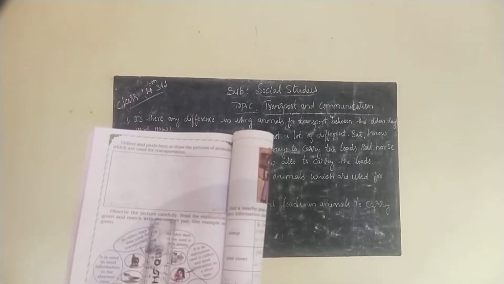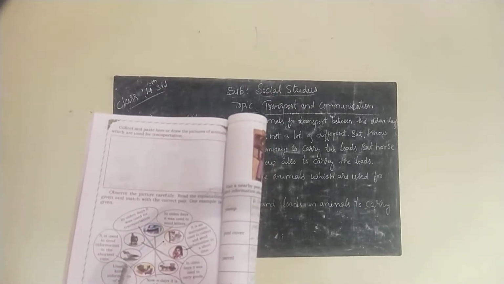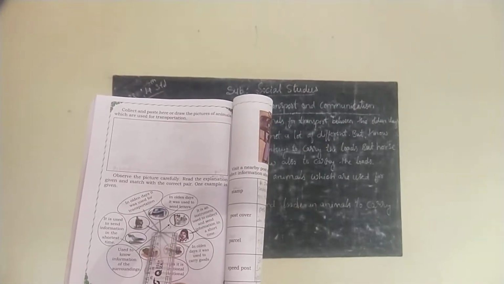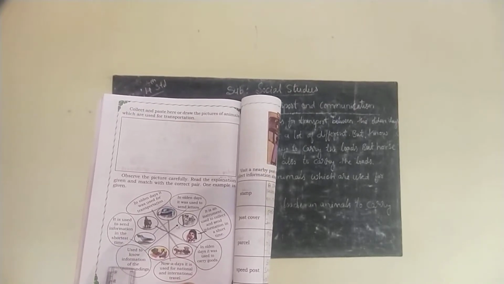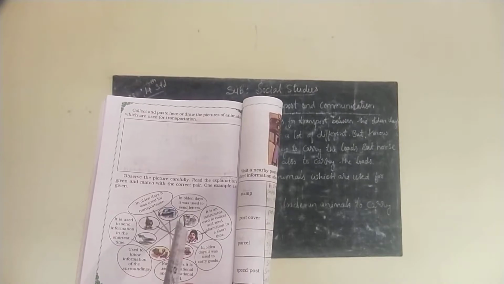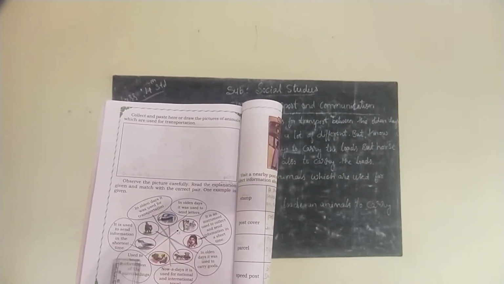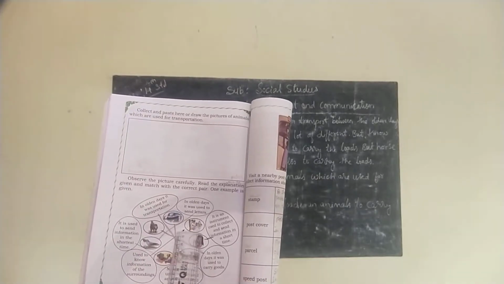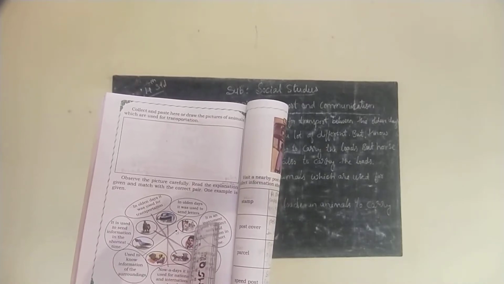Observe the picture carefully, read the explanation given and match with the correct pairs. One example is given here. Newspaper. We use newspaper to know information about the surroundings. Here you have to draw a line to the newspaper. Next, telephone.